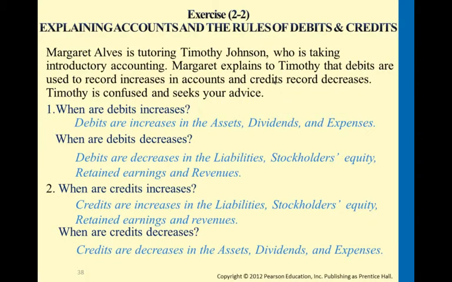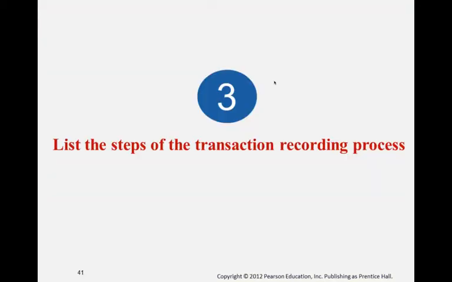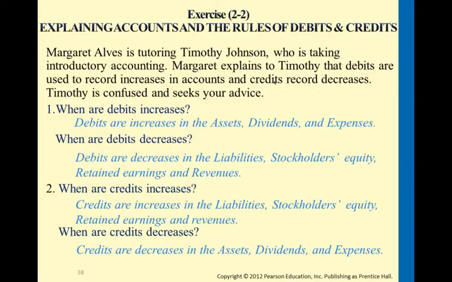Now, credit side decreases. This is the opposite of the first question. So the debit side increases for assets, expenses, and dividends.